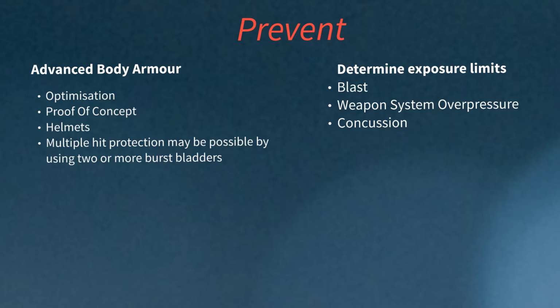An outcome may be better guidance to the operators for when soldiers should be taken off the battlefield to be tested for cavitation injury and concussion, and potential guidance on exposure limits for weapon systems down to 50 cal sniper rifles, and recommendations for things like utilisation of remote weapon systems for artillery.